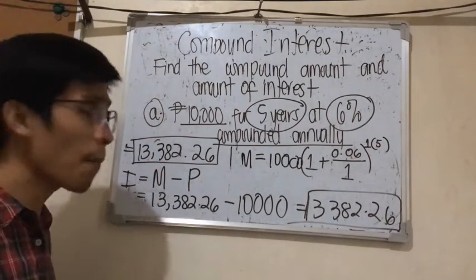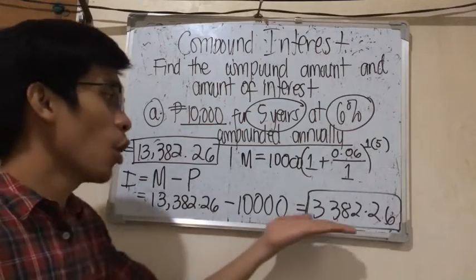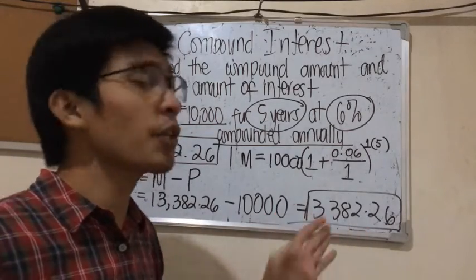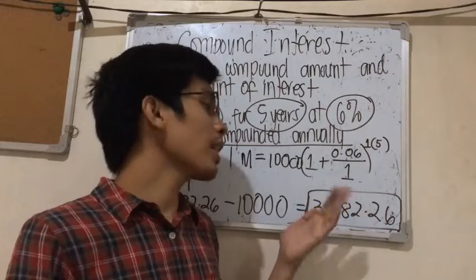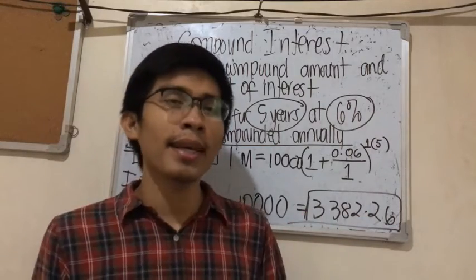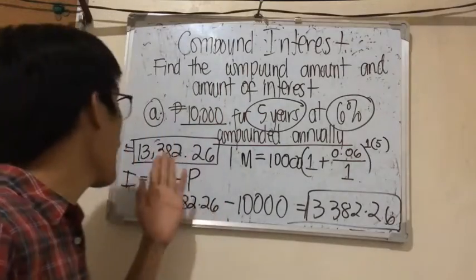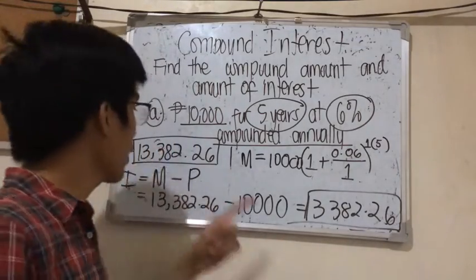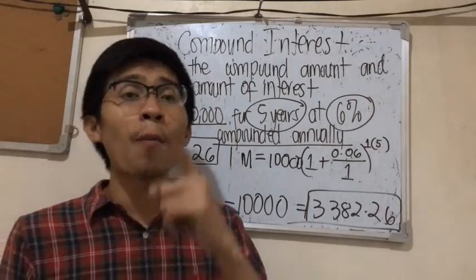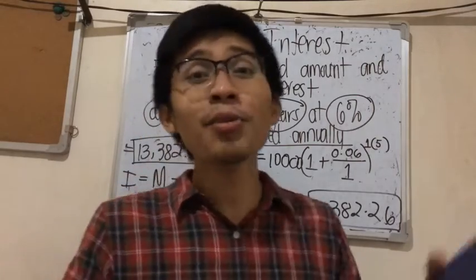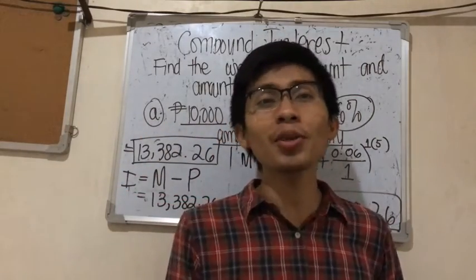And from that, what we get is 3,382.26, the amount of interest owed from borrowing 10,000 pesos. And the total amount that we have to pay is 13,382.26. Easy, right? That's how we solve compound interest.